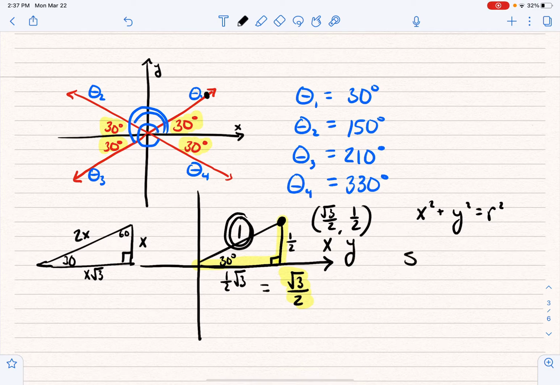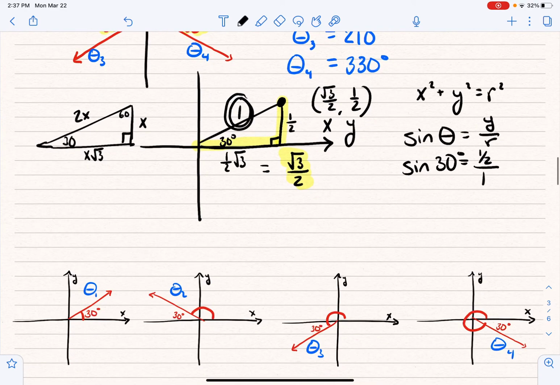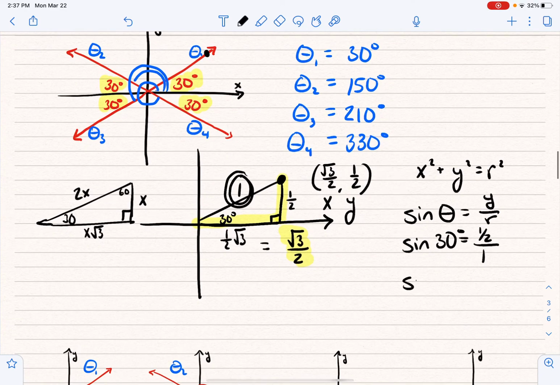And so I know that sine theta is y over r. So what's sine theta in this case? Well, sine of 30 degrees would have to be y, which is 1/2, over r, which is 1. Well, anything over 1 is just that thing. And so then I know that the sine of 30 degrees is 1/2. Okay, now that's pretty neat.